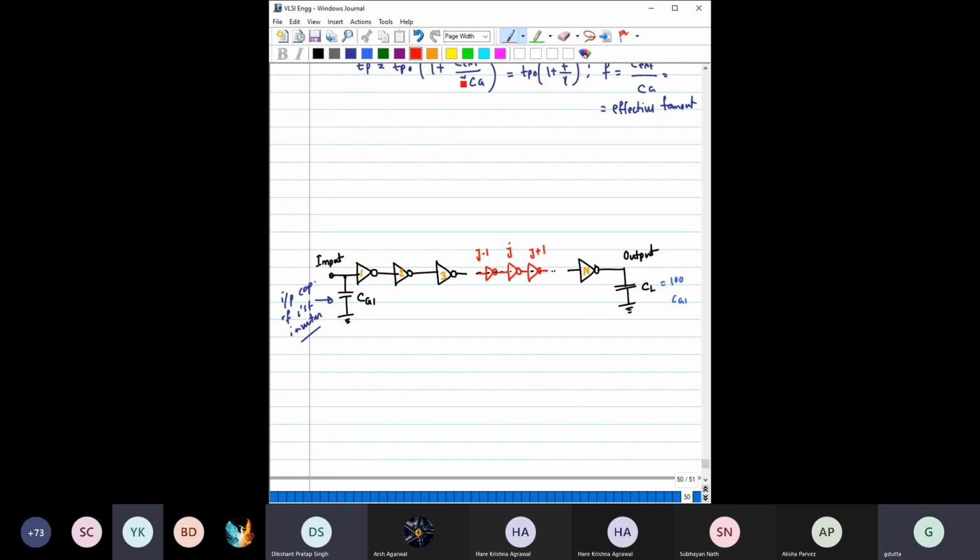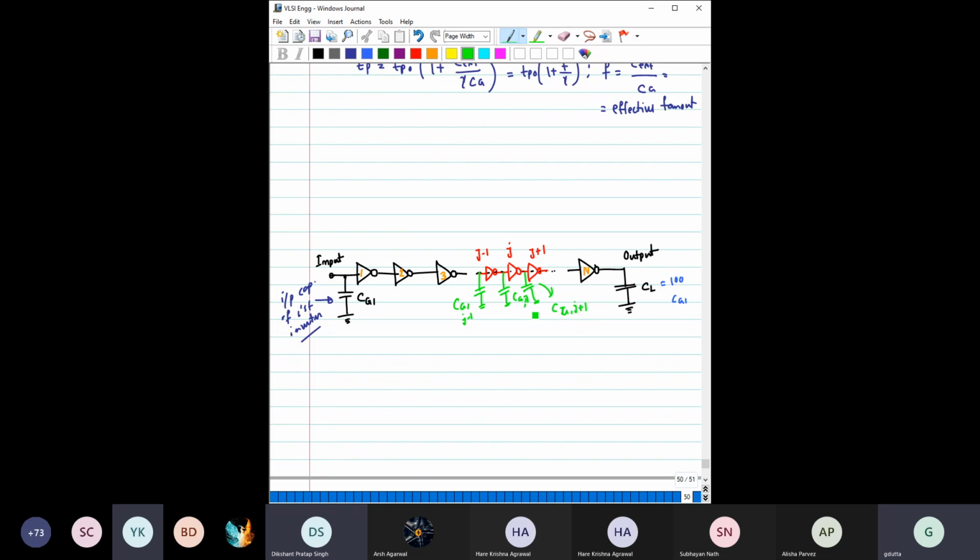Okay, and here the input capacitance we will write as CGJ minus 1. Here it is CGJ, and for here this capacitance is CGJ plus 1.